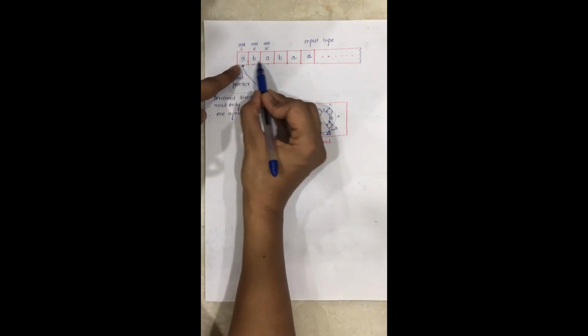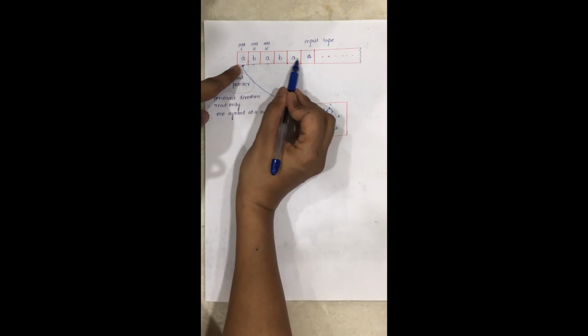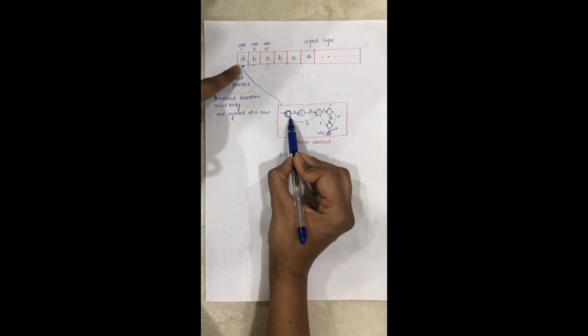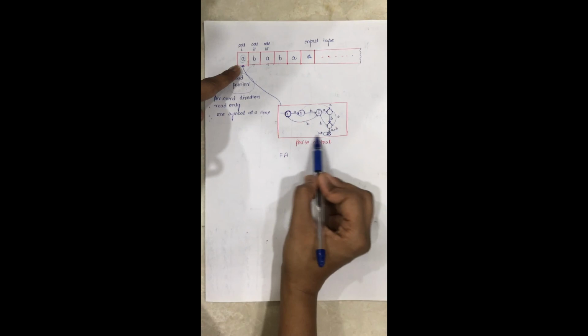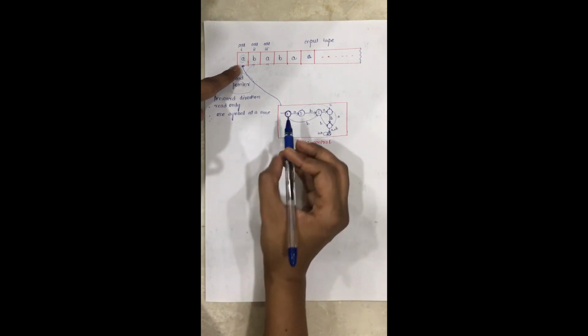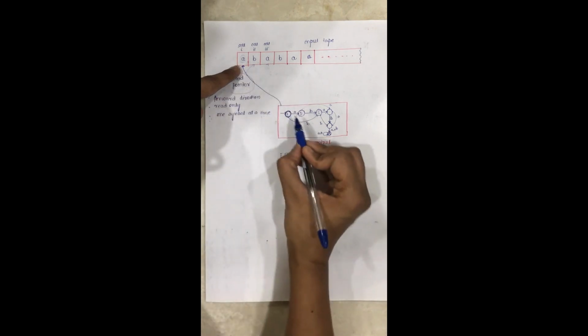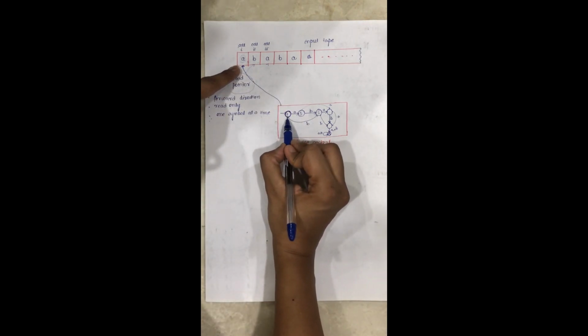So here on the tape, suppose we have the input string A, B, A, B, A, A. And this is suppose the finite state machine, start state is this, final state is this, and some transitions are marked over here. Initially the head pointer will point to cell first, and in the state diagram the triggering point will be at the start state.